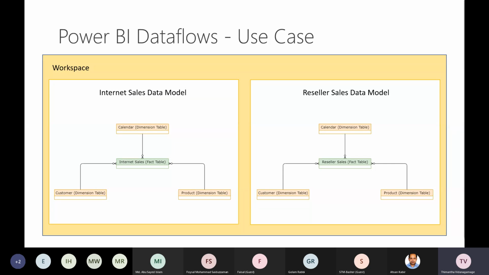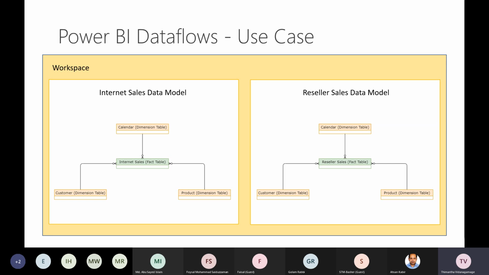Now you should be able to see that the data preparation done in the dimensions, the transformations and all the cleansing in these two models, are the same and are repeating, right?